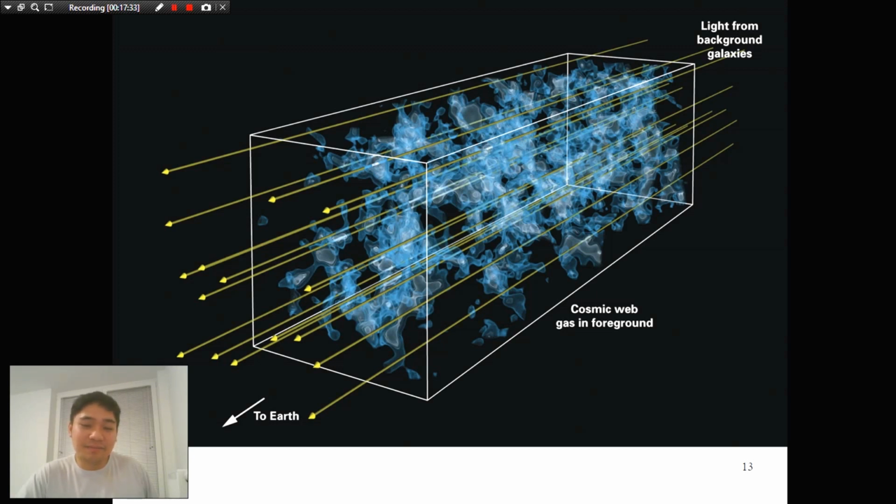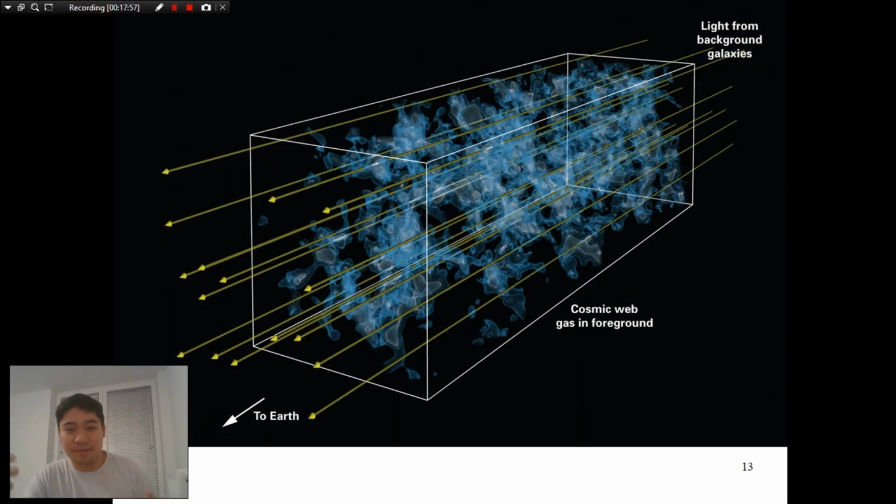And if you get an FRB here, before the cloud of electrons, you can find another one, so you can map the shape of the cosmic web. Basically, because FRBs occur a lot, if we get enough FRBs, we can map the cosmic web.